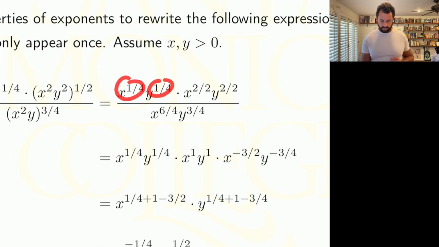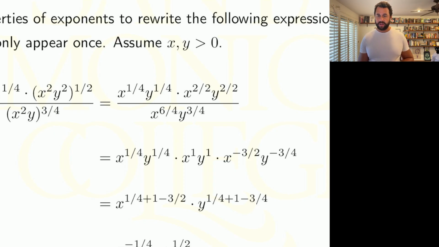Here, we get x to the 1/2 times 2, I'm sorry, 1/2 times 2, and then 1/2 times 2 gives us this. And then down here, 3/4, distribute it, multiply it by 2. You get 6/4. Given to the y, I should say.